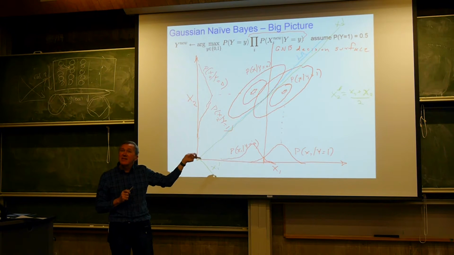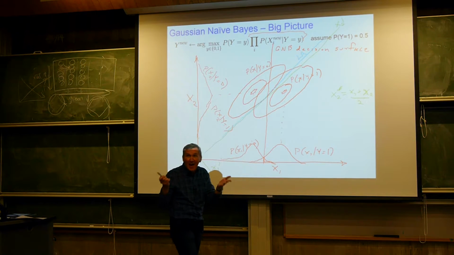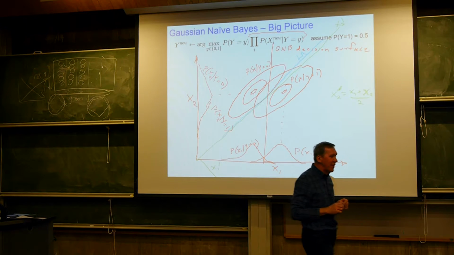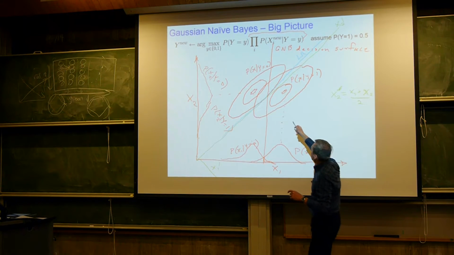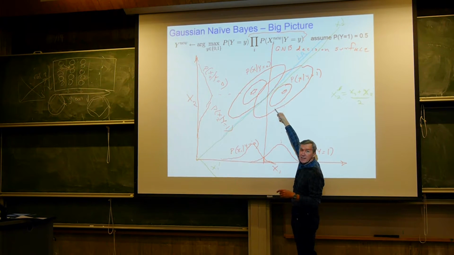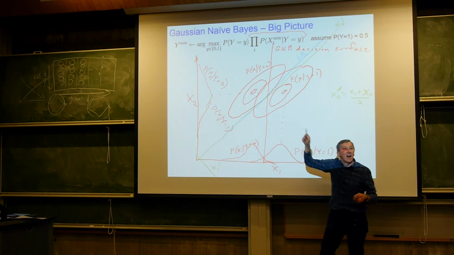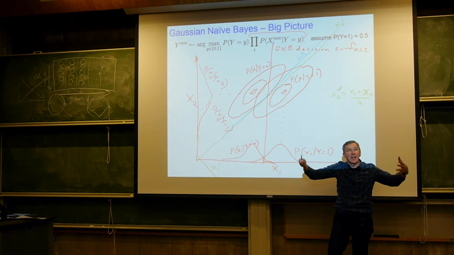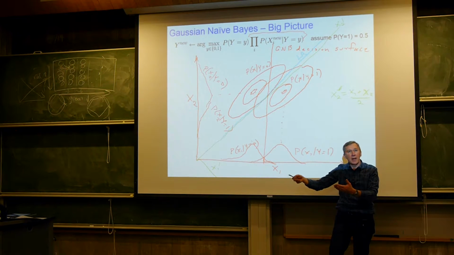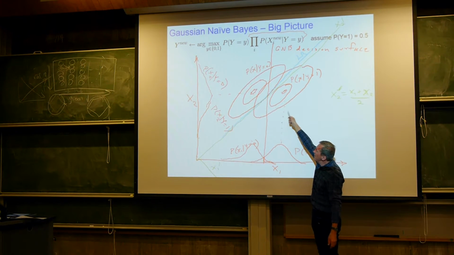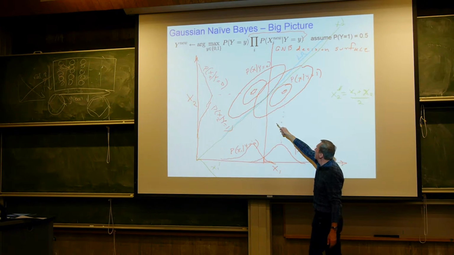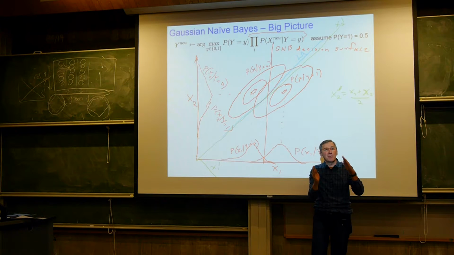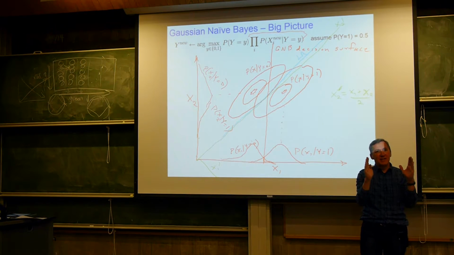So in fact, what this is illustrating is that, you can think this through too, if you make the conditional independence assumption, then all of the joint distributions, this is actually the joint distribution in red of P of x1 and x2 given y, if they're elliptical, the ellipses are going to be axis aligned.